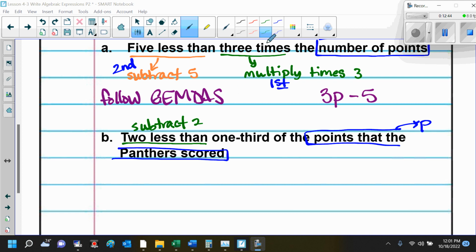Okay, so here we've got 1/3 of, put that in orange. So 1/3 of tells us we're going to multiply because of means multiply, right? So we're going to multiply times, multiply by 1/3.